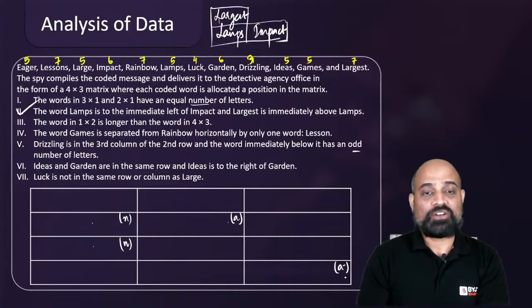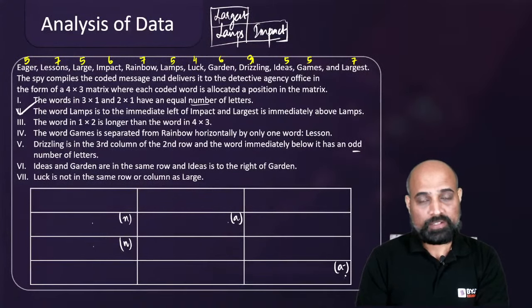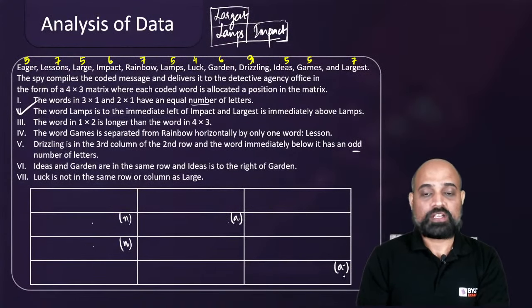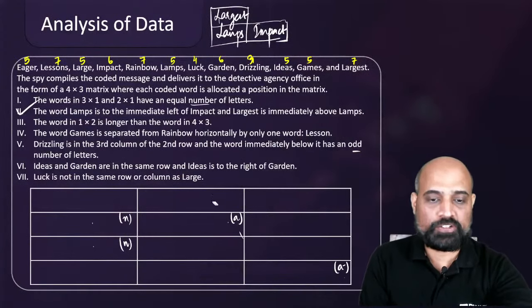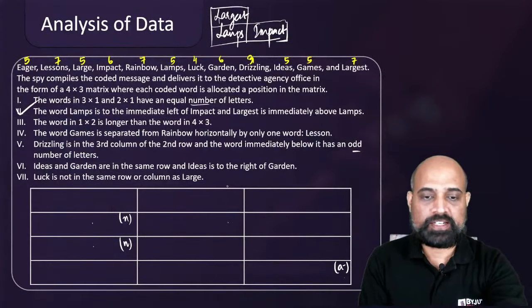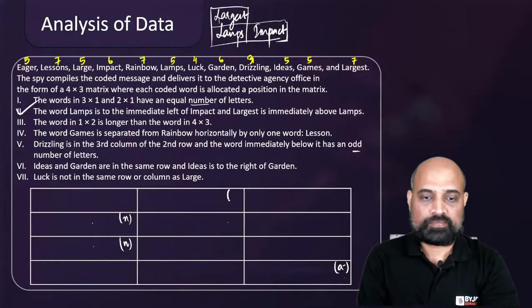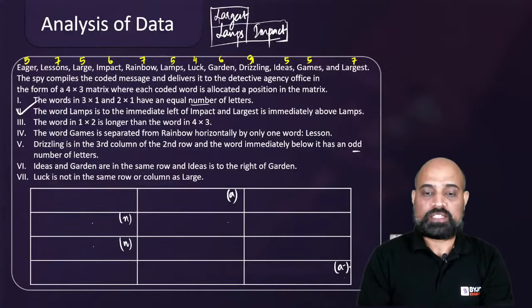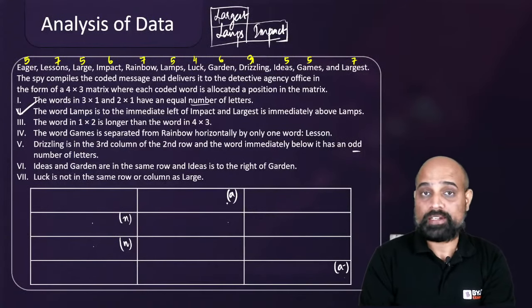So this cannot be 9, right? Sorry, this is the first row and second column. So this can't be a 9-letter word, as in we cannot put drizzling here, because if this is drizzling, we do not have a word with more than 9 letters.